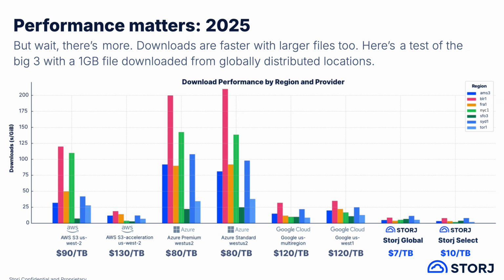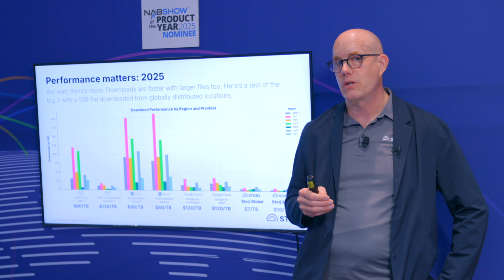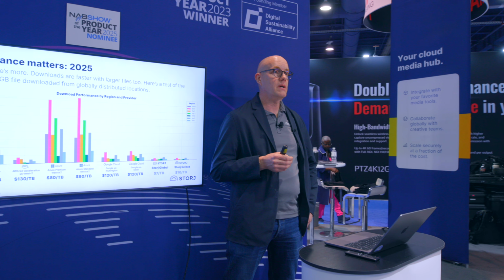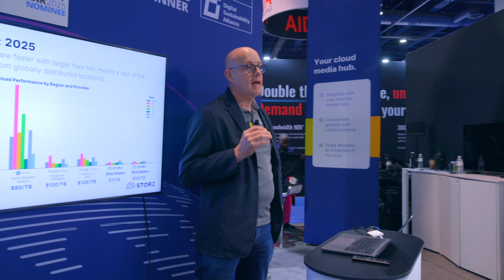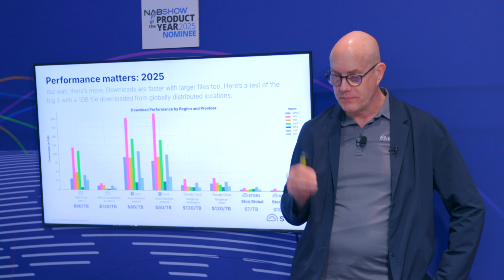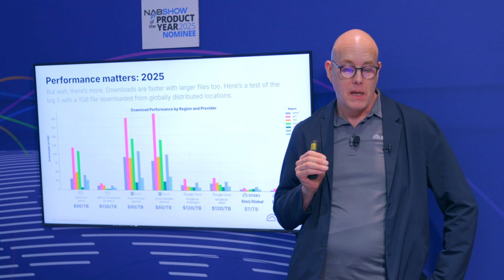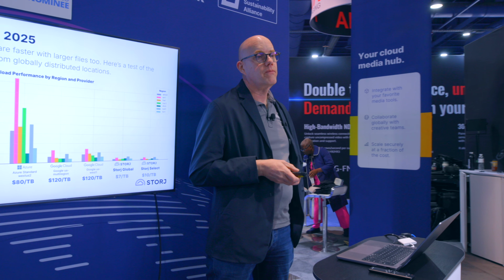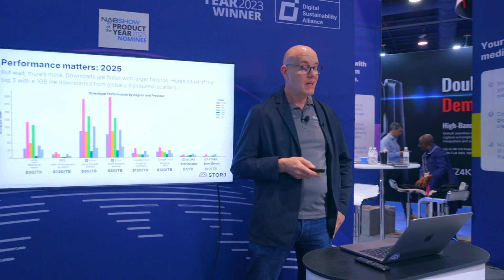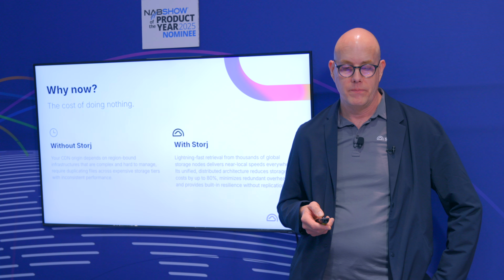If you look from left to right here, comparing us between AWS accelerated transfer, Azure, and Google, for $7 for transit from our global service and $10 for transit from our S3 compatible SOC 2 compliant data tier, we're just as fast as the fastest services out there. But comparing that to $130 for Amazon's accelerated transfer, $7 is a pretty good deal.